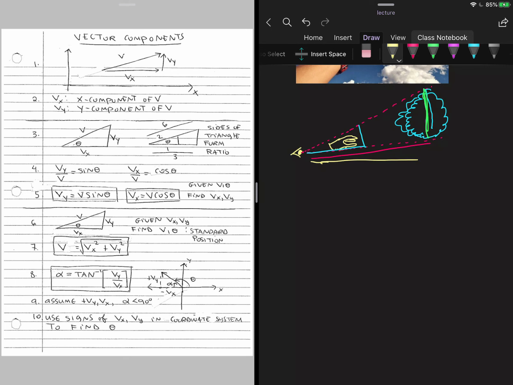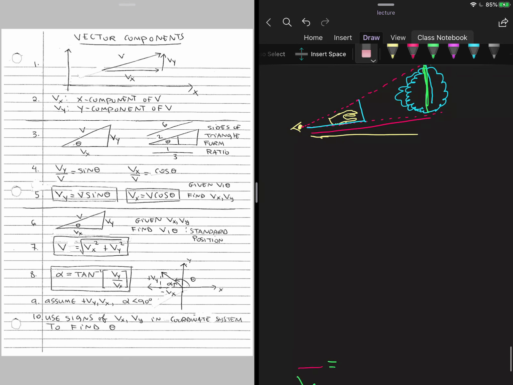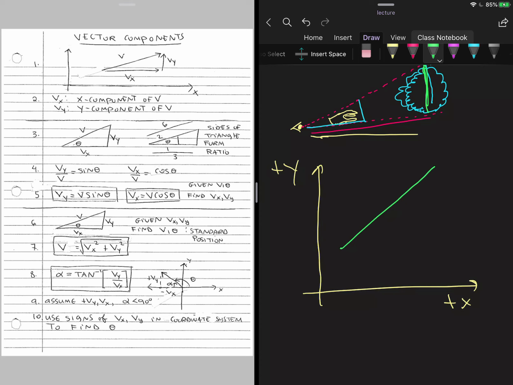Let's redraw our vector. So you have your positive x-axis, and you have your positive y-axis. And let's say that the vector points in this direction.